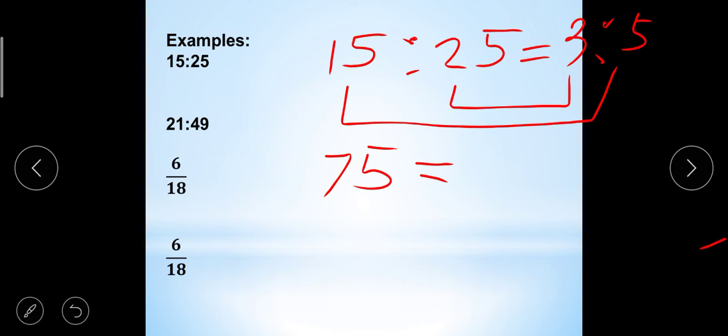Gem. The product of the extreme. 15 and 5. So, ibig sabihin, i-multiply natin. Ano ba yung ating extreme? So, we have 15 and 5. So, 15 multiplied by 5. Gem.